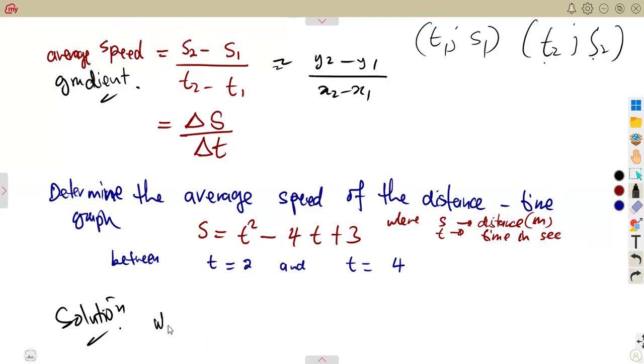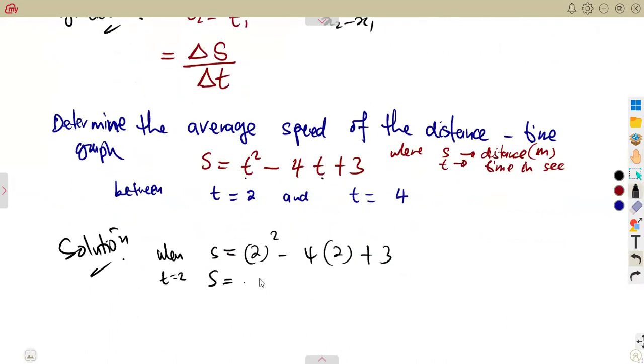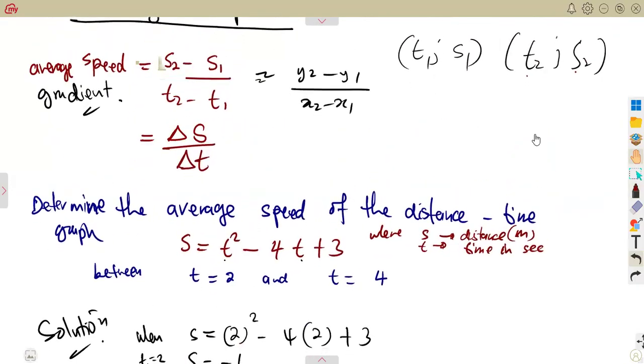So just like the previous case, when t is equal to 2, what is the value of s? s is equal to 2 squared minus 4 times 2 plus 3. So s is going to be -1.